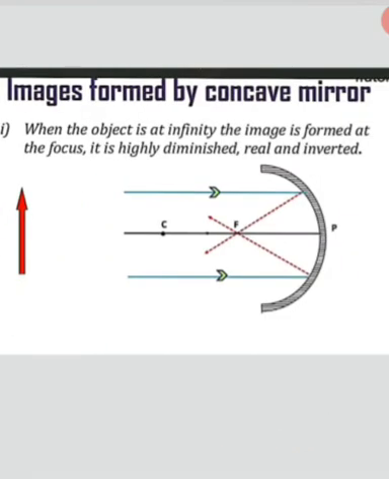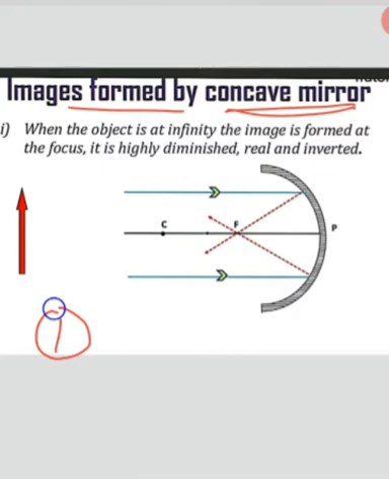Next, firstly we will understand about the concave mirror, meaning the image formed by a concave mirror. There are various rules, in which rule number 1 says that any light ray parallel to the principal axis, this black line is the principal axis, will move after reflection through the focus.